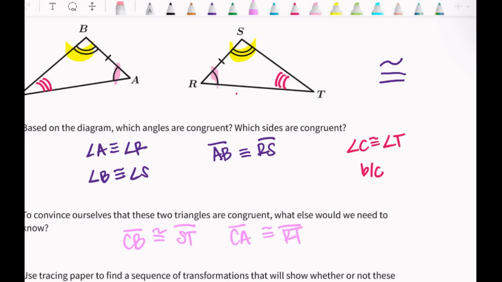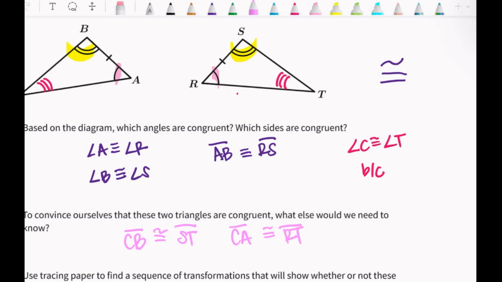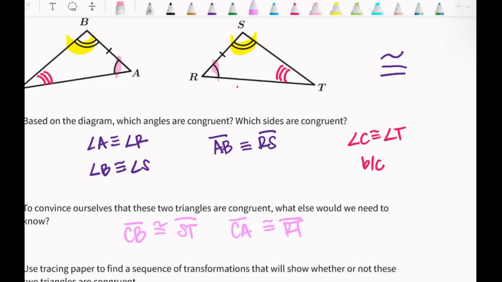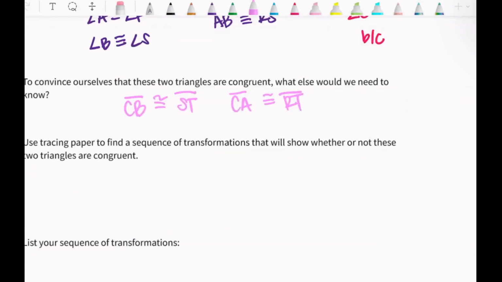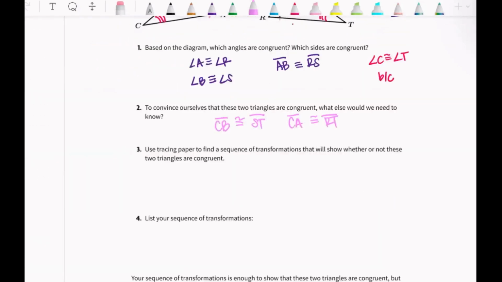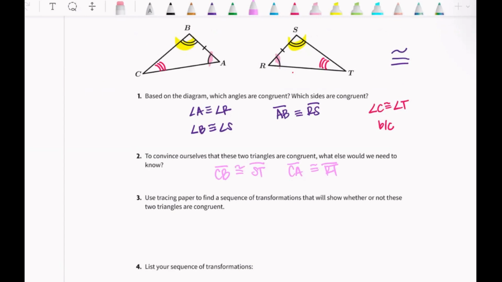Okay. So normally right now I'd let you use tracing paper so that you could use rigid transformations to do this. So if you can and do, go ahead and do that. Let's see. I'm going to skip that. So I will show you my list of a sequence of transformations. What would you do in order to get there?